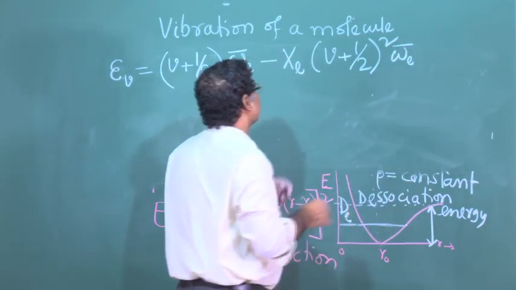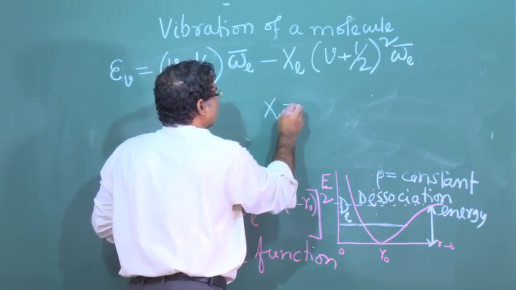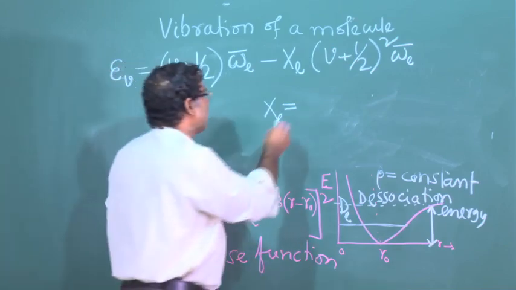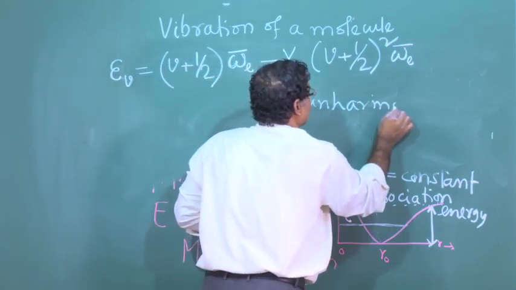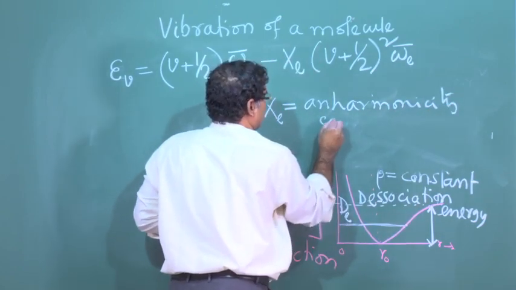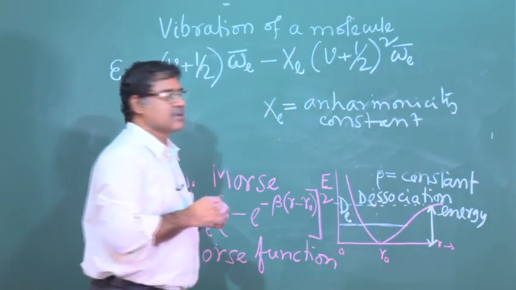Here x_e is called the anharmonicity constant.